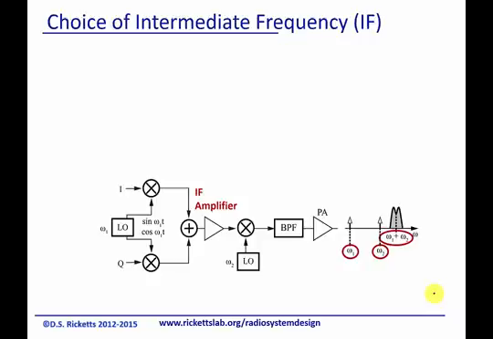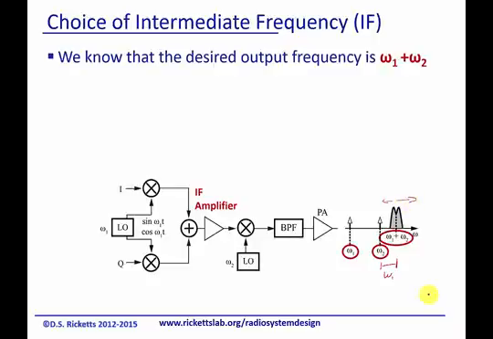So let's talk a little bit now about the choice of the intermediate frequency. As I said before, it is the distance between Omega 2 and where the signal is going to be, Omega 1. So this intermediate frequency is going to choose where we are with respect to Omega 2. The question is, how do you choose Omega 1 and Omega 2? By the way, they both need to sum up so that this is your target center frequency, right?